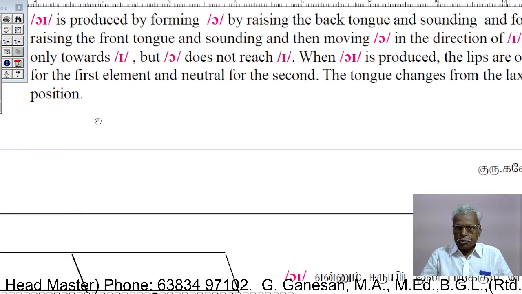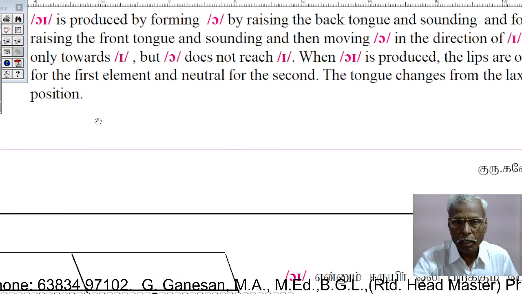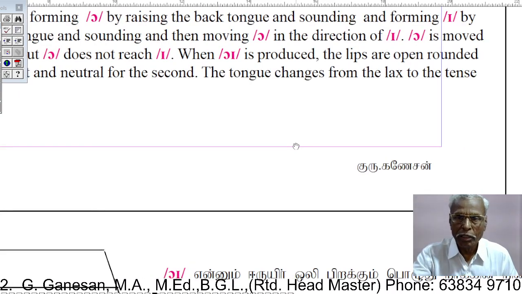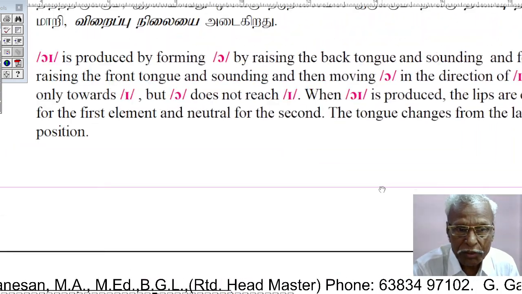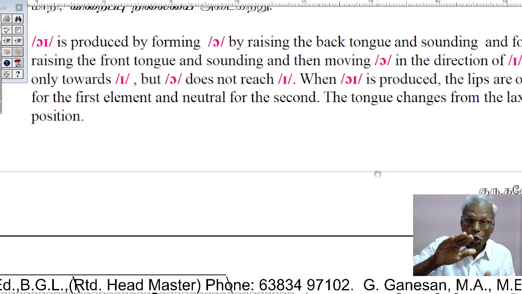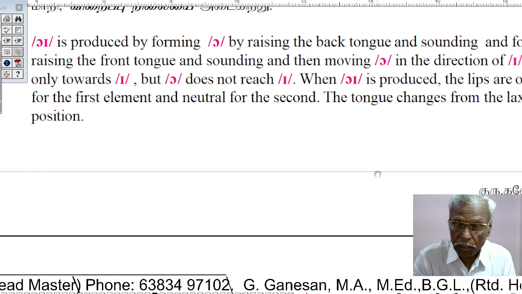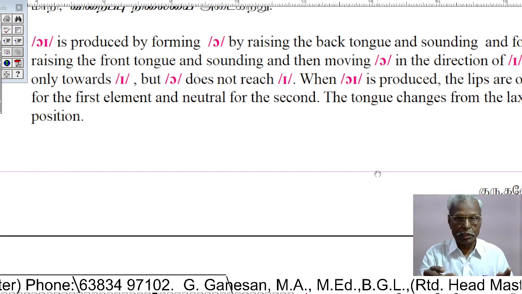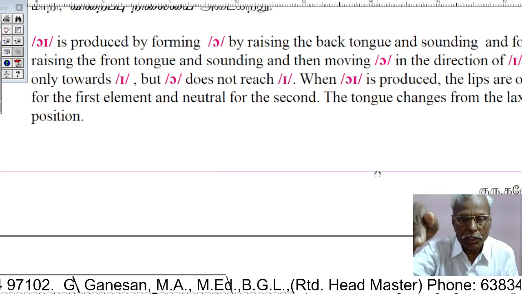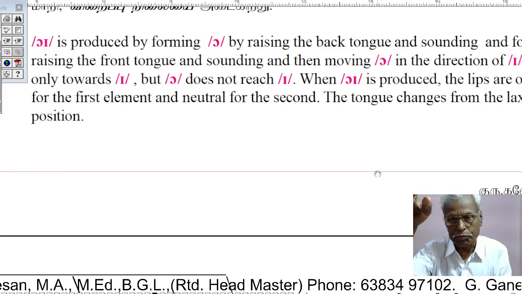/ɔɪ/ is produced by forming /ɔ/ by raising the back of the tongue and sounding, and forming /ɪ/ by raising the front of the tongue and sounding, and then moving /ɔ/ in the direction of /ɪ/.